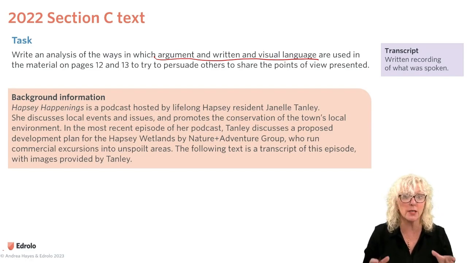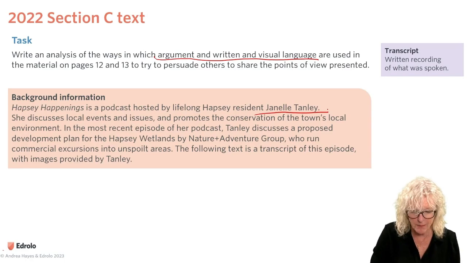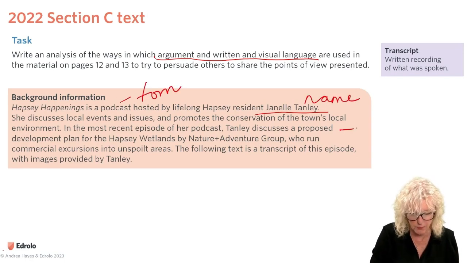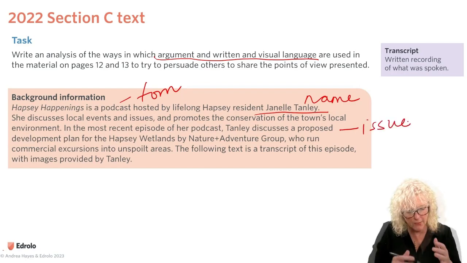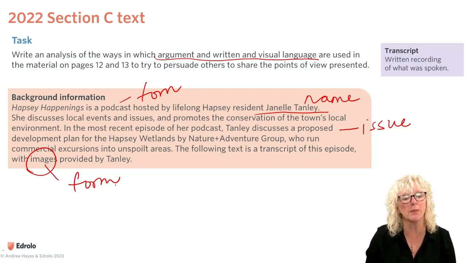Background information is the first thing that you are presented with, and it is super important. It can tell you lots of things. Writer's name for a start, the form, the issue, proposed development, and more form here, images. Lots of other little things you can pick up, but it's a good place to start and foolish to not read it.